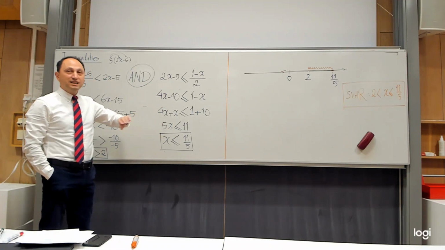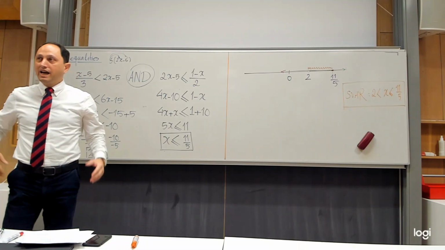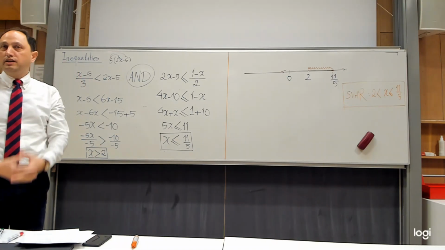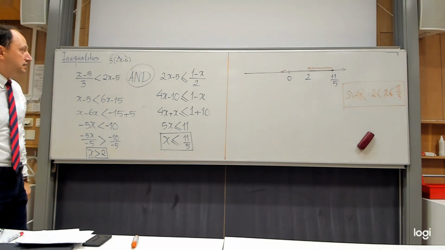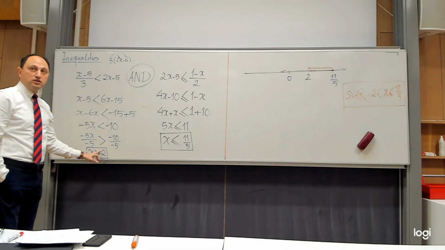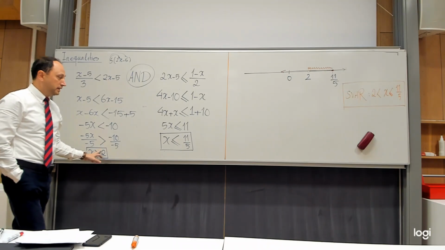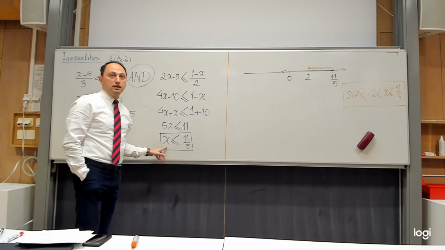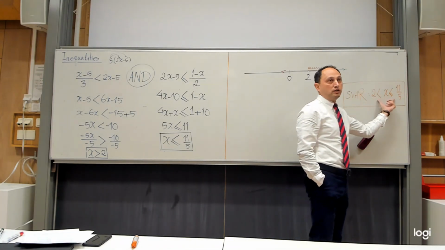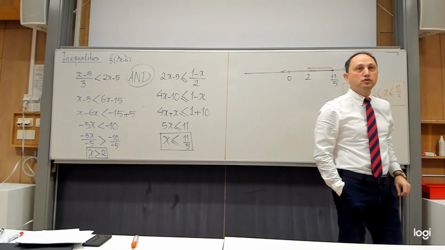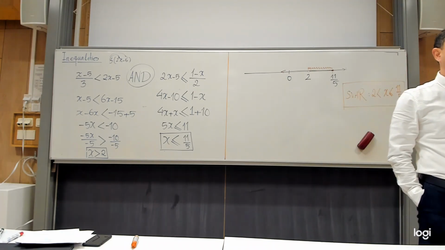But I want to satisfy them both. So I have to have the common part between them. And the common part is exactly what I have written here. So this is not the answer. This is the partial answer. This is the partial answer. The answer to the question that I designed in the beginning is this one. So you need to know how to combine them. Yes? Is that understandable?